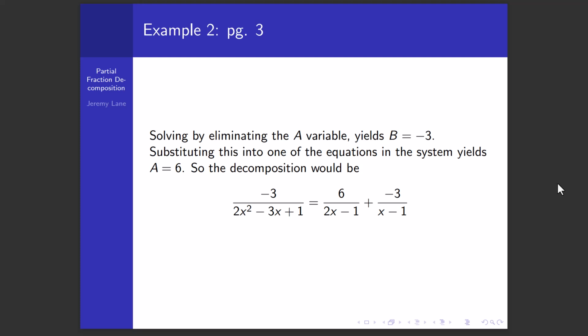And substituting this value of b into the equations gives me that a equals 6. So the decomposition of negative 3 divided by 2x squared minus 3x plus 1 is 6 divided by 2x minus 1 plus negative 3 divided by x minus 1.